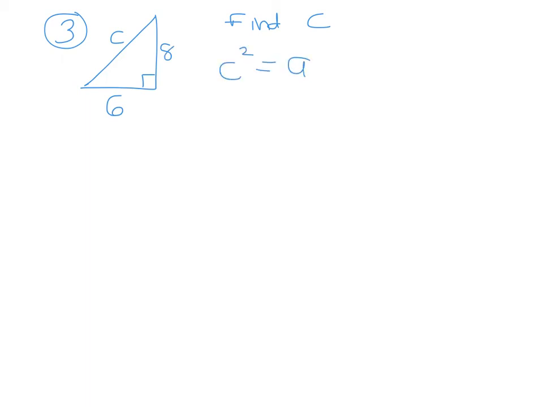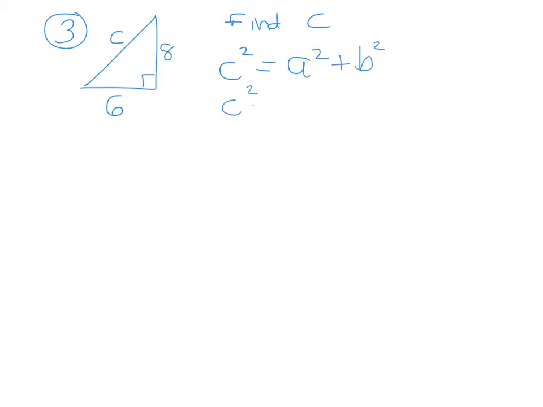Next example, number 3. This time I'm going to do another one where we're going to find the hypotenuse. So we're going to find C. This side is 6, this side is 8. C squared equals A squared plus B squared.